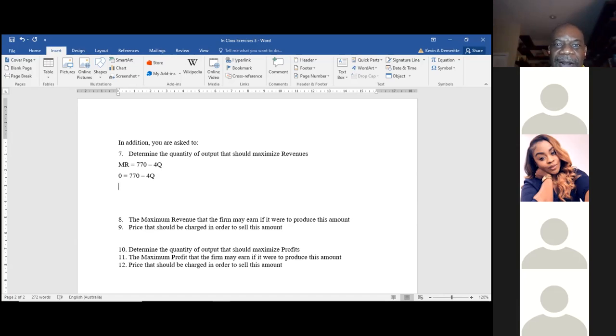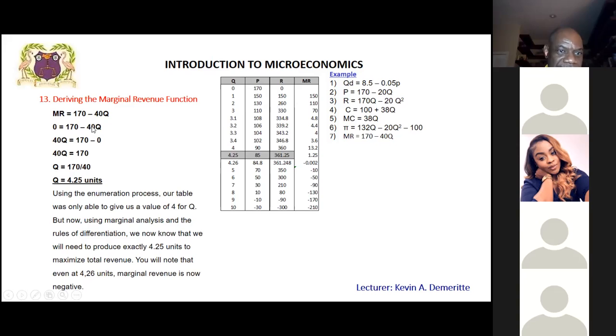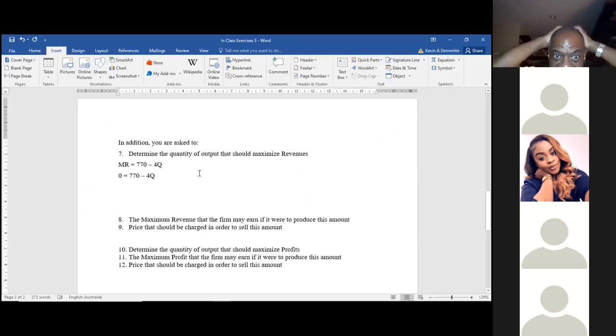So, okay, let's go back to our notes then. And what did we do in our notes? We took the negative 4Q, moved it to the other side, and solved for it. Okay. So can we do that? We could do that. So it's 4Q, right?